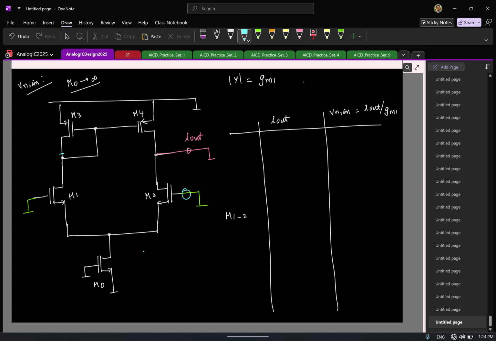So once again, from the same understanding from noise, what can you say about the overall input referred offset? If I call this delta VTH12, the threshold voltage mismatch in the transistors I have modeled as a small signal voltage, my question is, how will this add to the overall input referred offset?